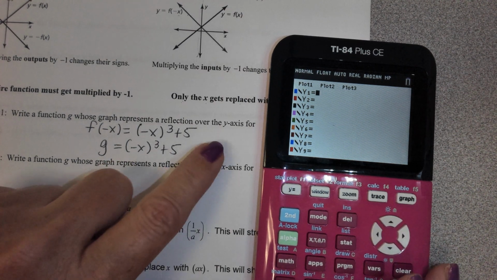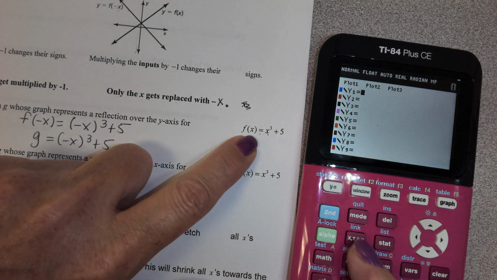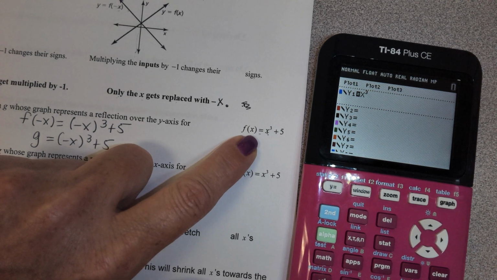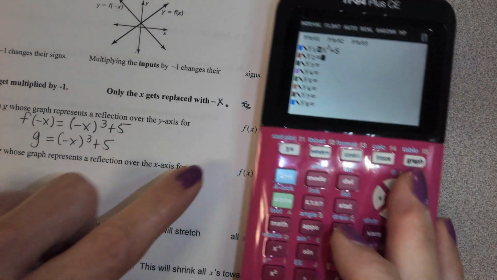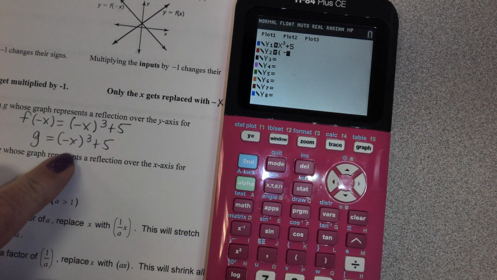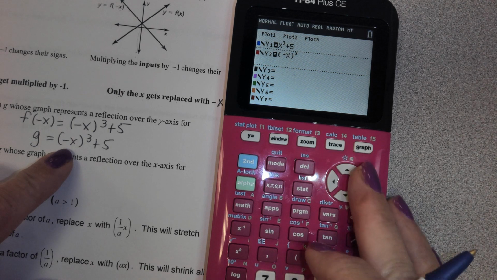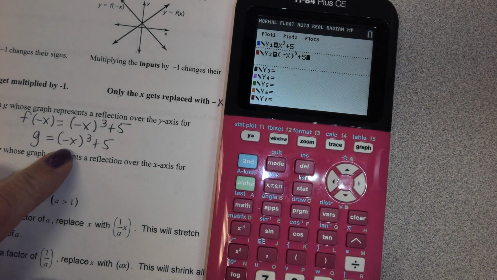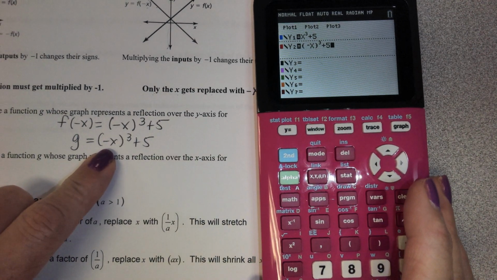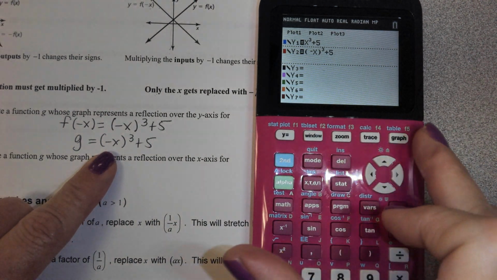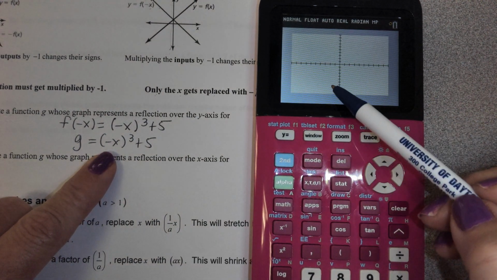So my original function was x cubed plus 5. My new function is negative x cubed plus 5. All right, and so now I'm going to do my graphing. Here's the original.